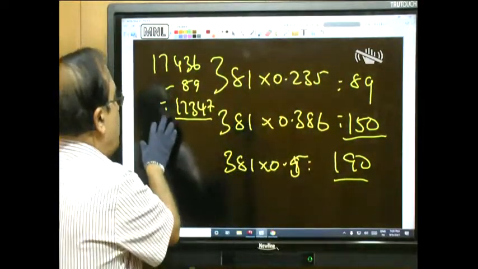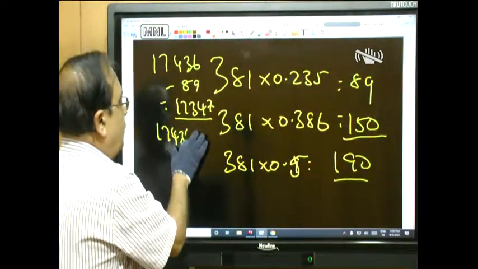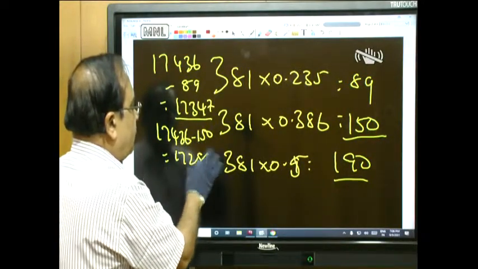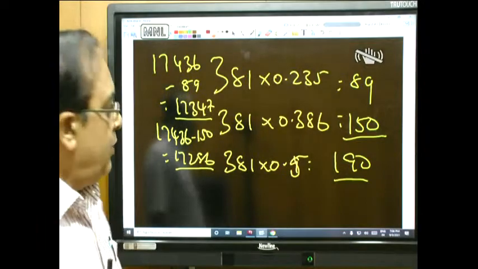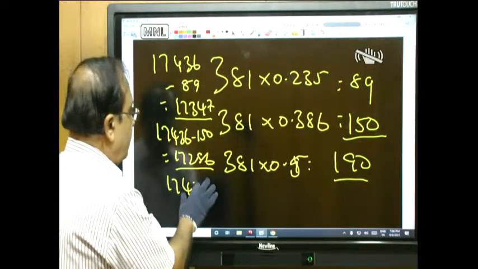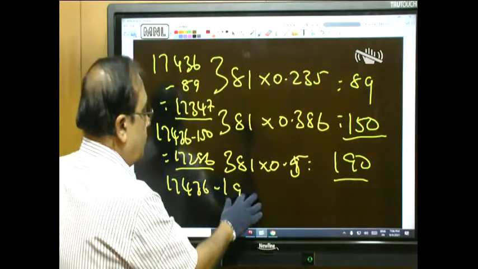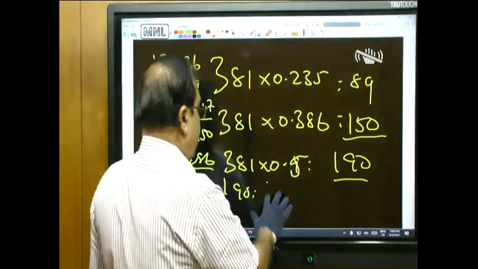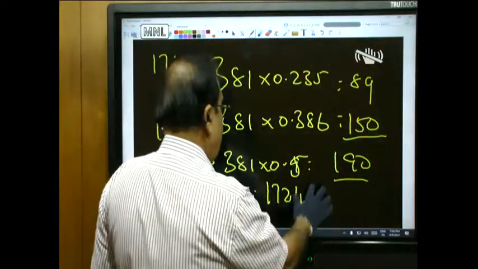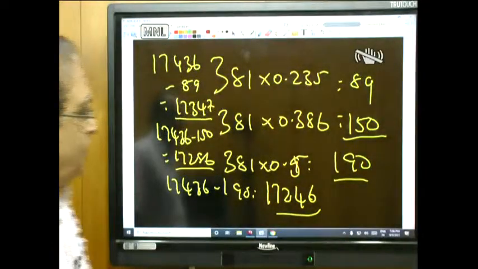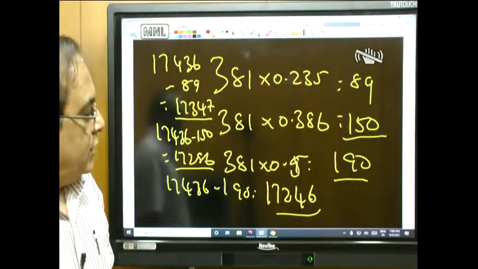Then we use 150 points: 17,436 minus 150 is 17,286 or 290, right? Then 17,436 minus 190 comes to 17,246. So let's look at what exactly happened in the present situation.